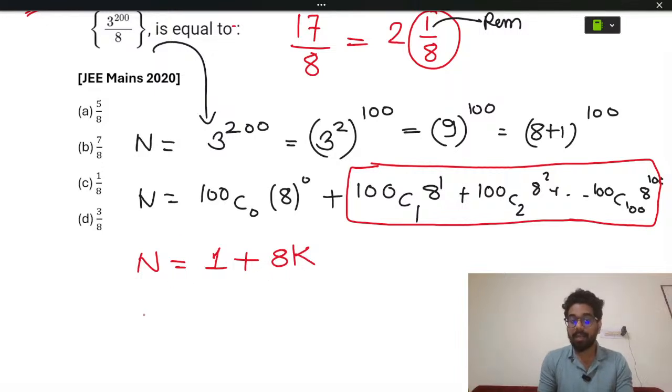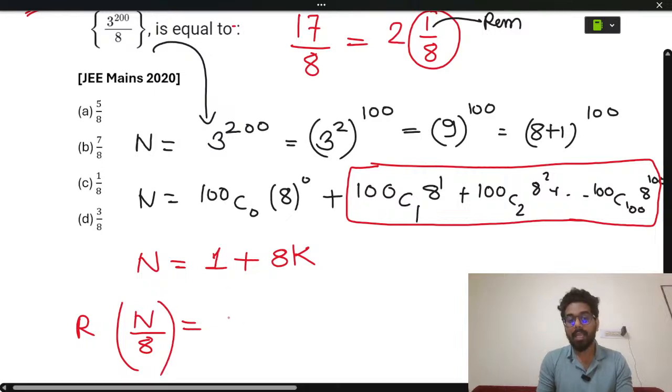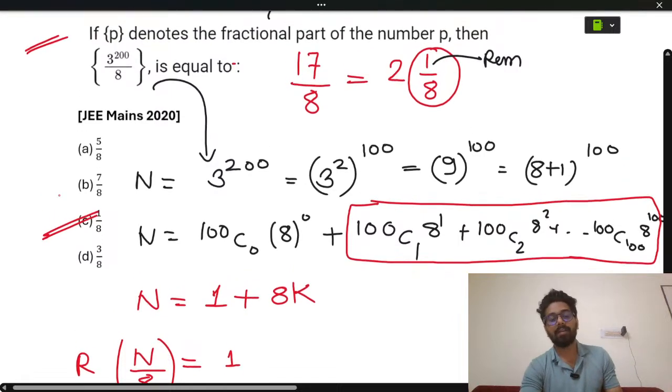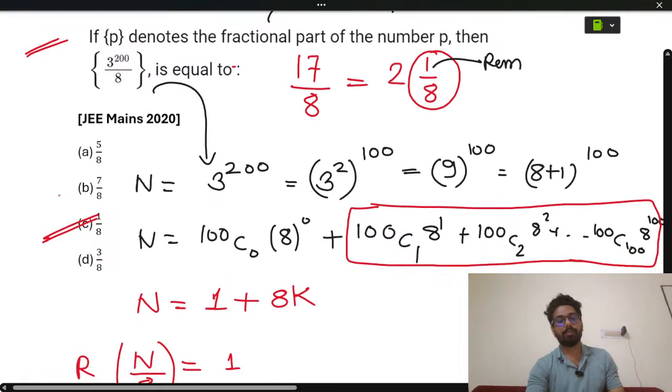Now when you divide the number 3 power 200 by 8, the remainder is 1 by 8: 1 is the remainder, and 8k gives you 0 because 8k is a multiple of 8. So multiple of 8 when divided by 8 gives remainder 0. Remainder is 1. So the answer is: fractional part is remainder by divisor. For this question I have given you the answer. This is a repeated variety of question.